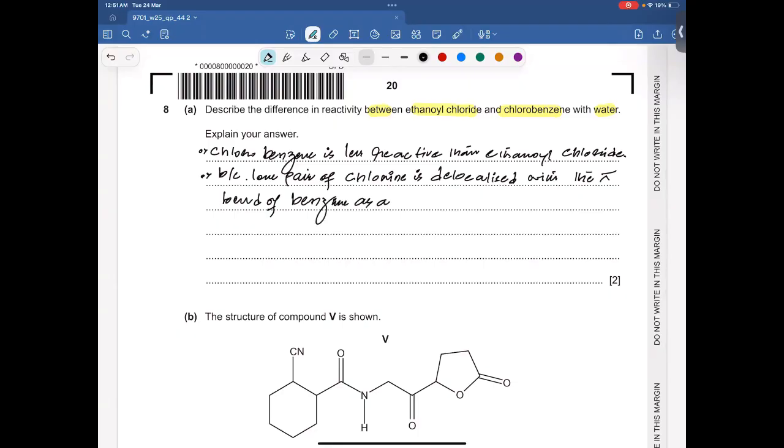As a result, double bond is formed between carbon and chlorine.